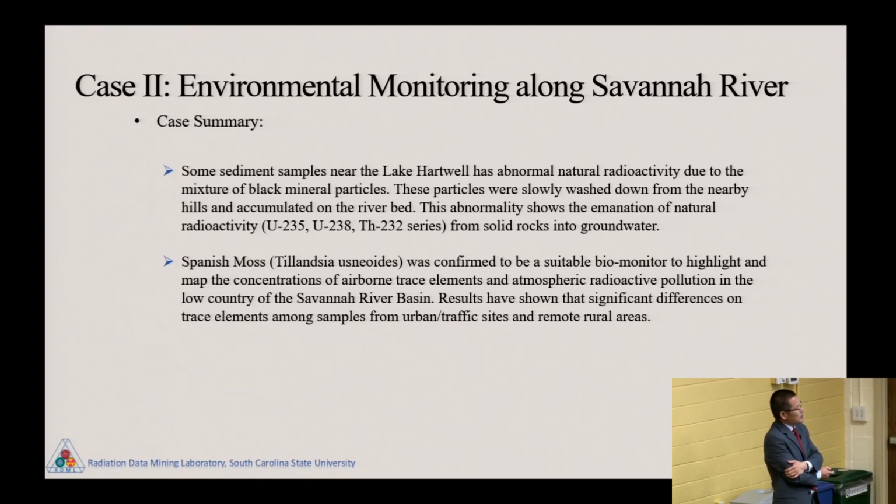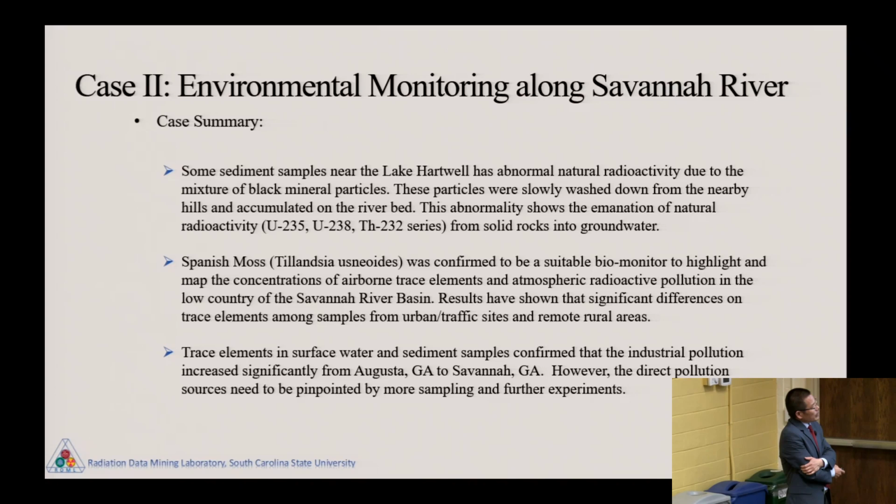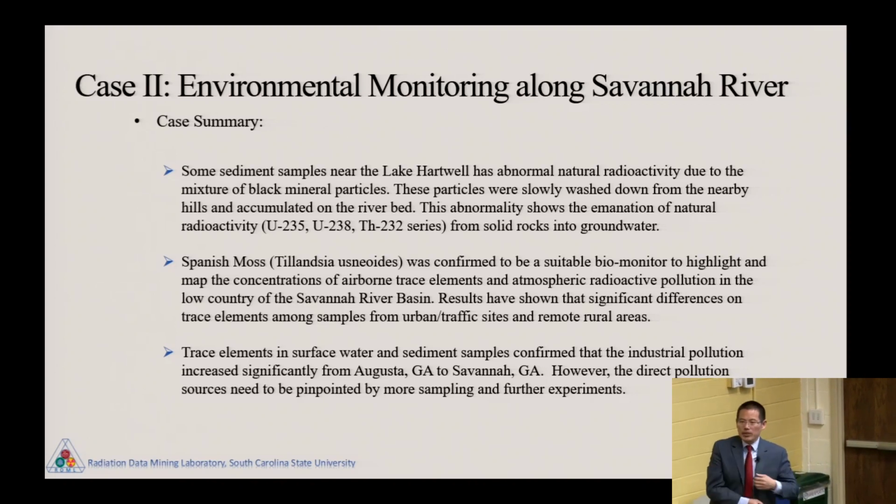And we can see the difference between urban traffic sites and remote rural areas. For the trace elements in surface water, you can see the difference between Augusta, Georgia, and the Savannah River, and there is a lot of pollution confirmed from industrial sources. But the direct pollution sources need to be pinpointed. We need to do more samples and testing.